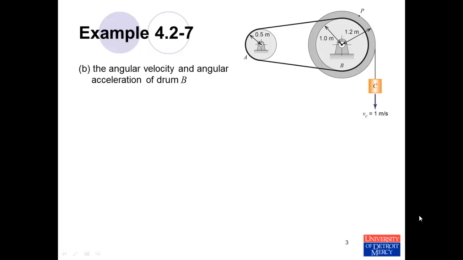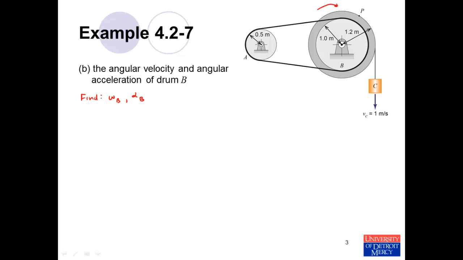Moving to part B of the problem, we are then asked to determine the angular velocity and the angular acceleration of drum B, where it's rotating in this direction.